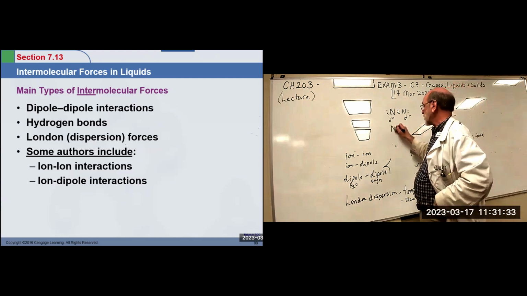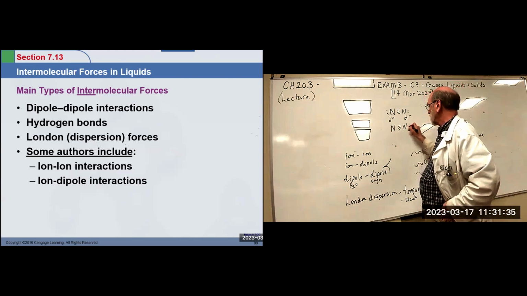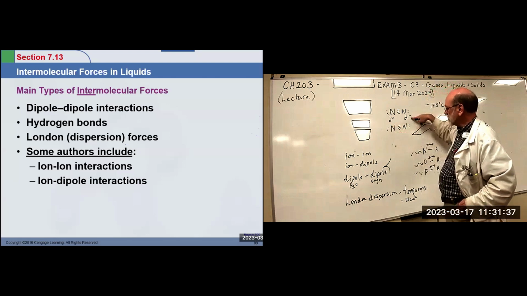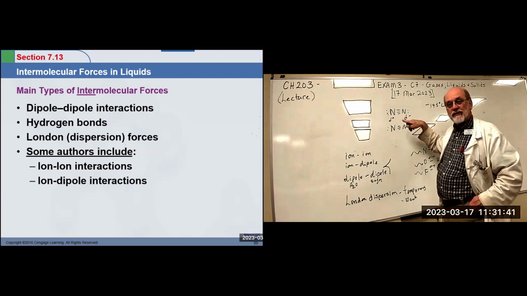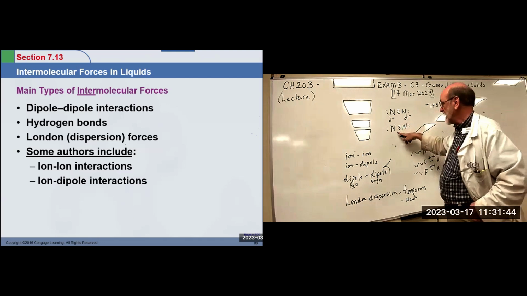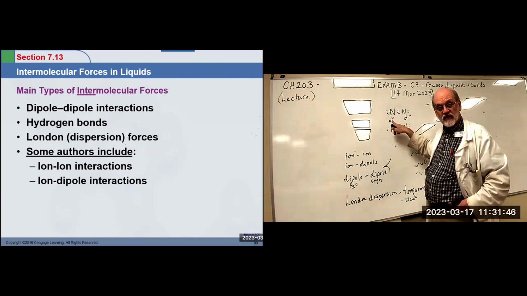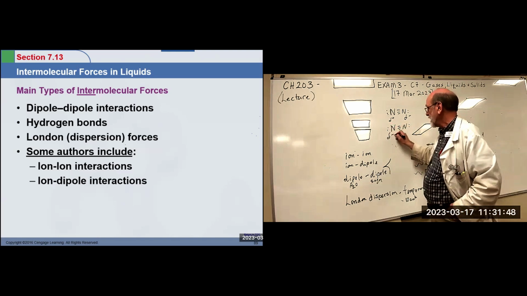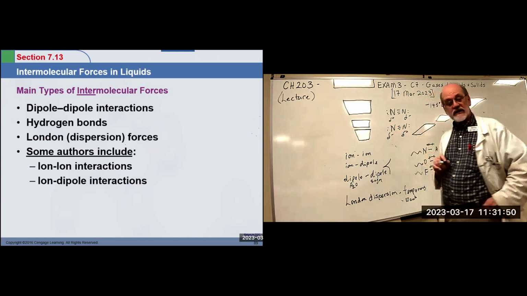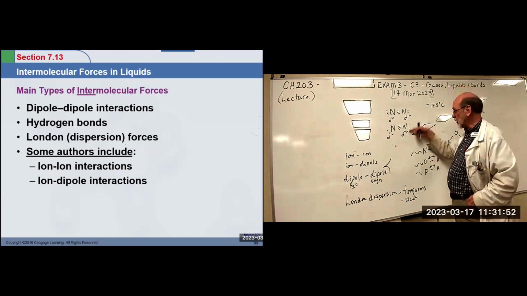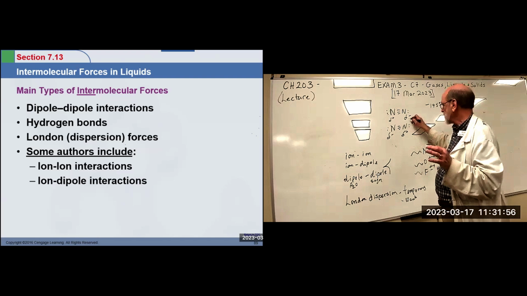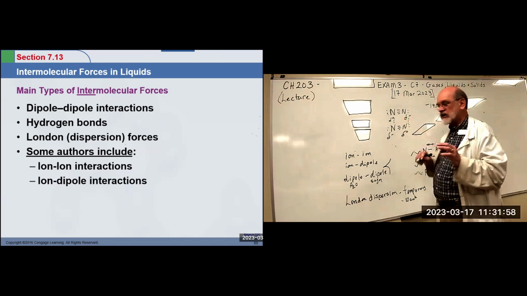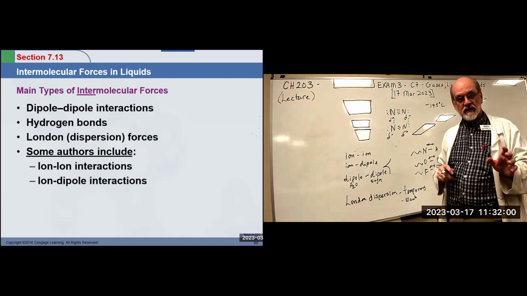So if we have another nitrogen here, this negative tends to repel electrons, and this positive tends to attract electrons. So now we get a negative here and a positive there, right? Repulsion, attraction. So in that split second, you can get attractive forces between the molecules.